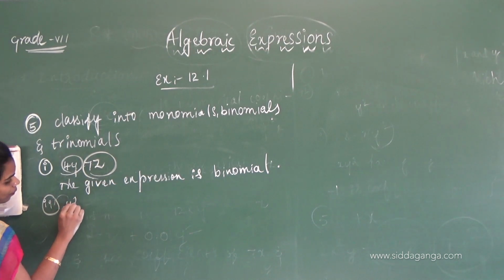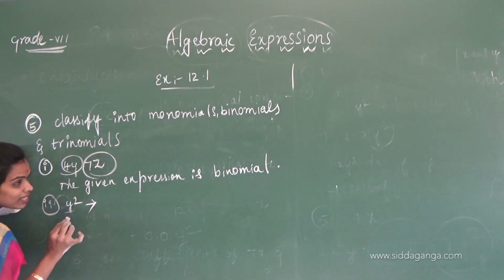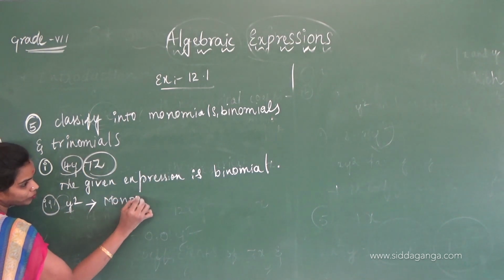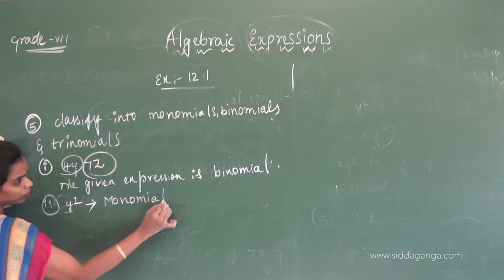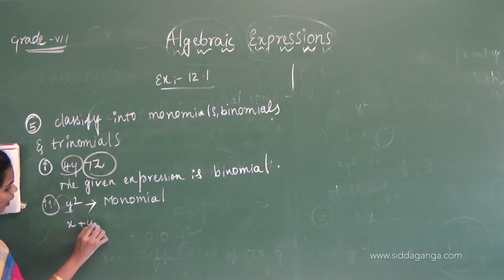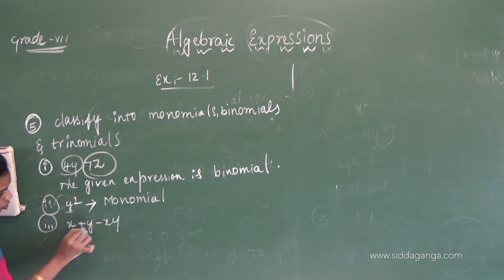Y square, what it is? Y square is only one term, that's why it is monomial. And next one is x plus y plus xy. How many terms are there? 1, 2, 3.